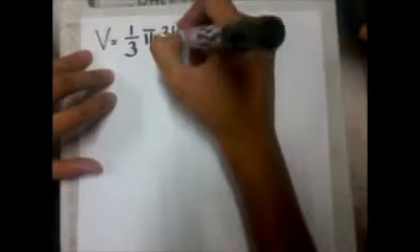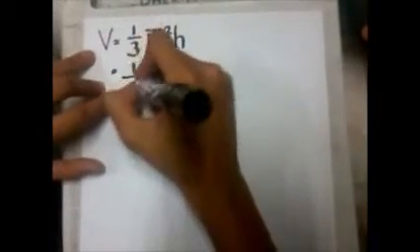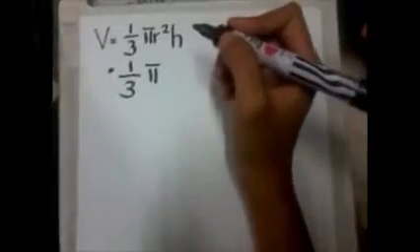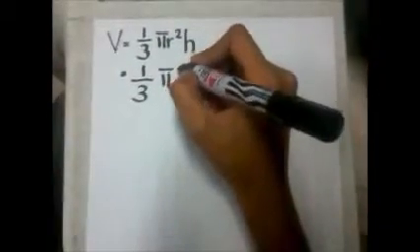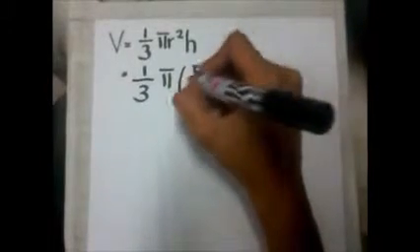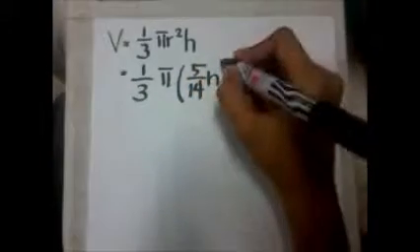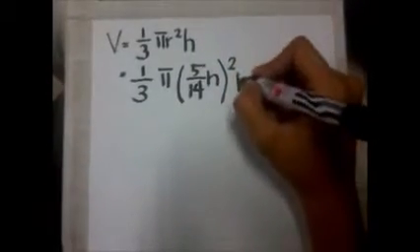If we take this and plug it into our volume formula, we have V = 1/3 π r² h. It is given that our r is 5/14 h. We need to plug in this radius, so we have (5/14 h) squared times h.